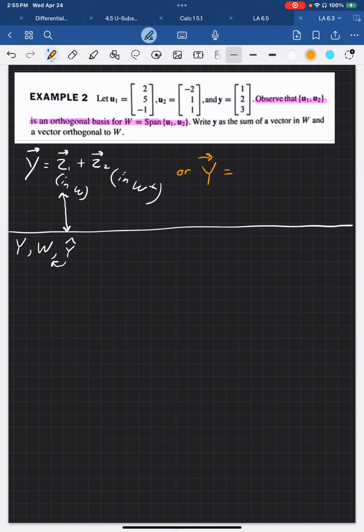So vector y is going to be equal to the sum of two vectors, y hat and z. So there's no need to have a subscript z1, z2 if there's not two z variables. Again, these are all vectors.